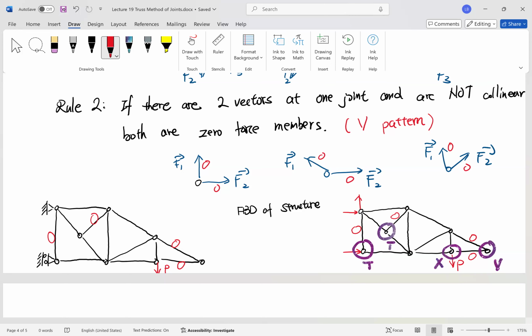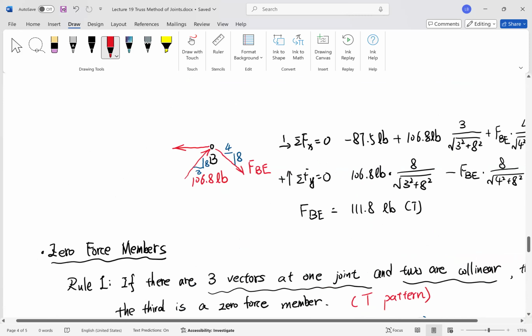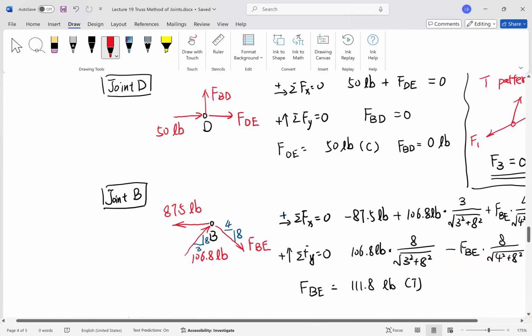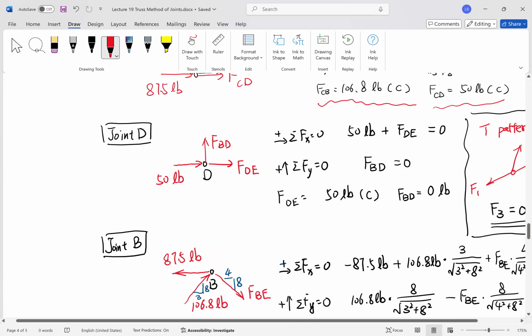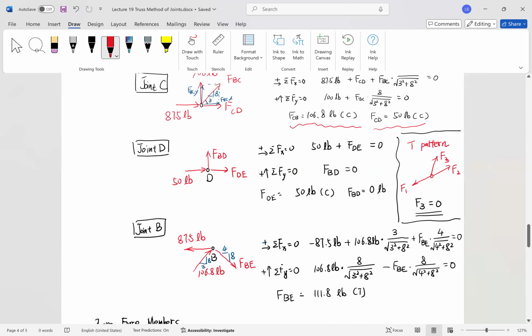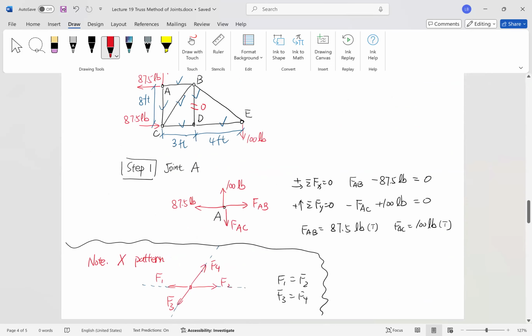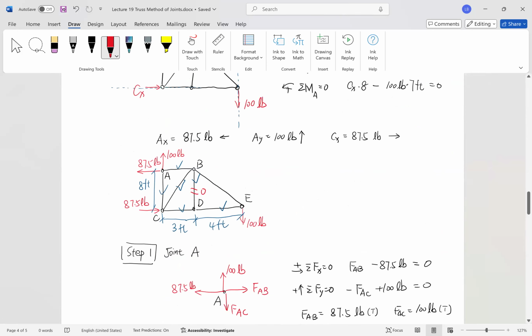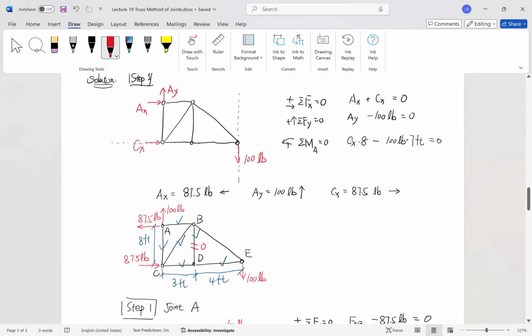Okay, so in this lecture we've been talking about how we first finished the problem solving for this truss structure by the method of joints.